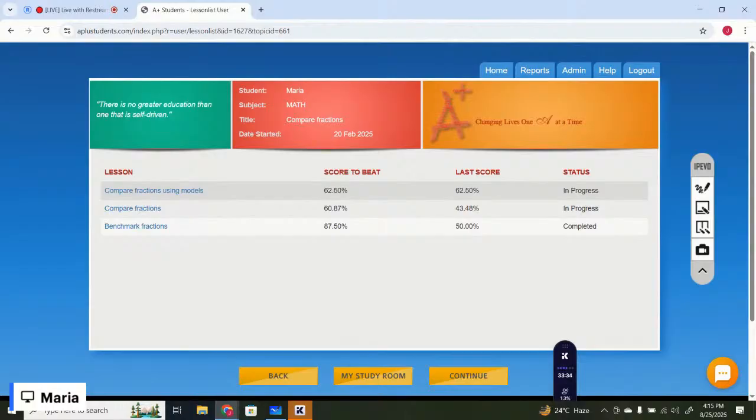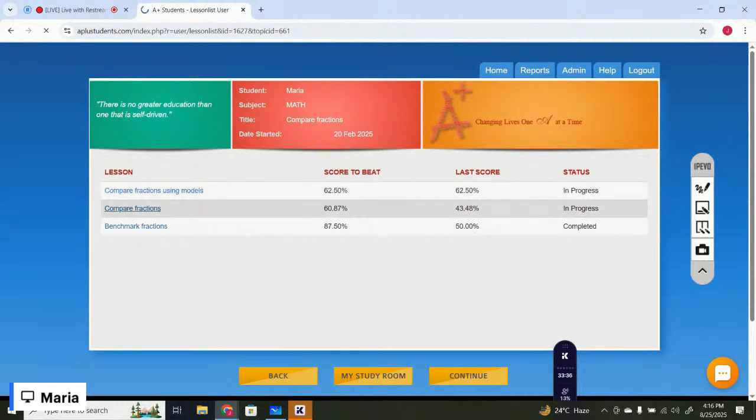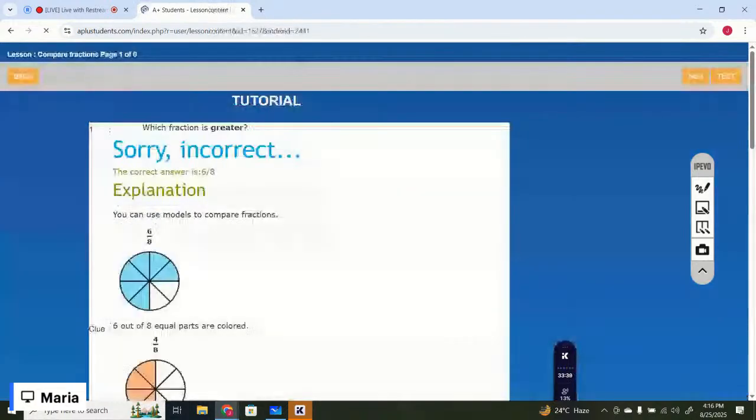The next lesson is compare fractions. Which fraction is greater?